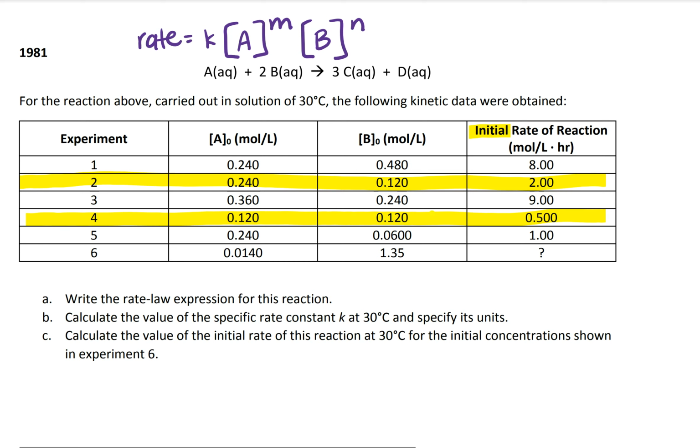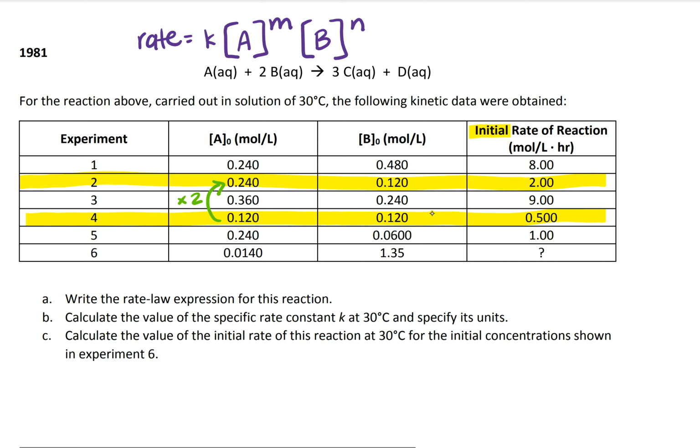So notice here in experiment number 2, the initial concentration of A, that's what that 0 means at time 0, is 0.24 molar, and in experiment 4, it's 0.12. So I'm going to examine how the concentration of A has changed. From experiment 4 to experiment number 2, our amount of A has been doubled.